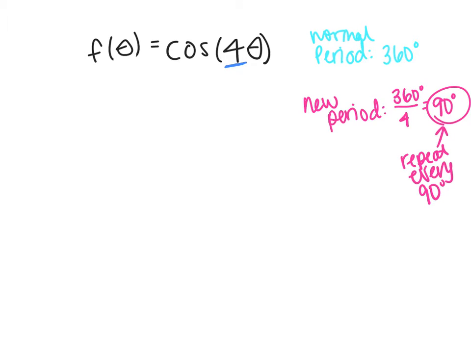For our graph, what that's going to change are the labels of the function. So in this case, we're still starting at 0 degrees. There's our start. Our end this time, to just graph one period, instead of going all the way to 360, is going to be 90 degrees. And now we have to divide that up into fourths. A couple ways we can deal with it.